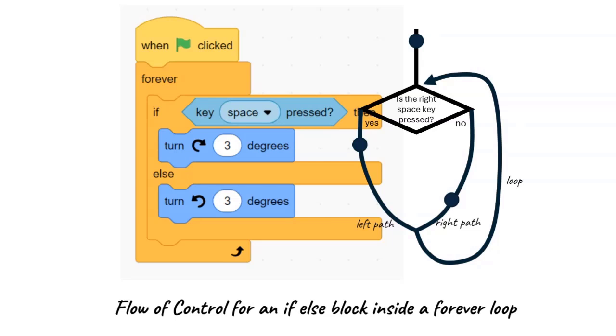So in this case, it triggers code to turn left 3 degrees, and then it would go back round the loop. So in fact, using this one key, we can actually steer a character right or left depending on whether we're pressing the key and it goes down the left-hand path, that yes true pathway, or if we're not pressing the key, it goes down the right pathway and turns left instead of right.